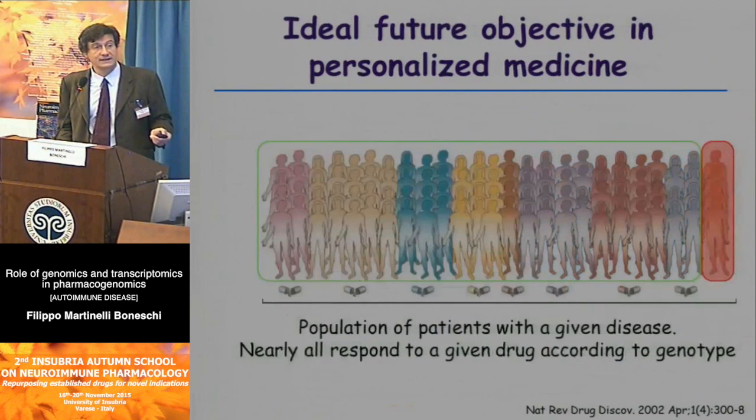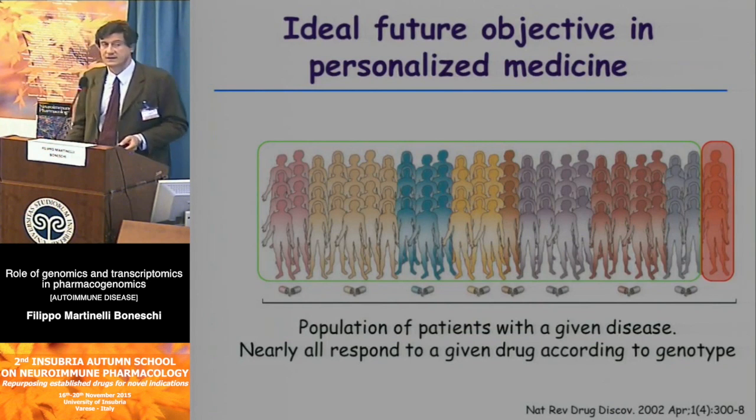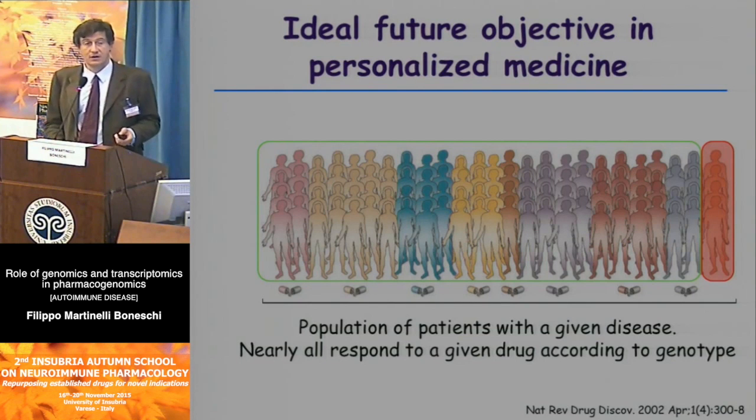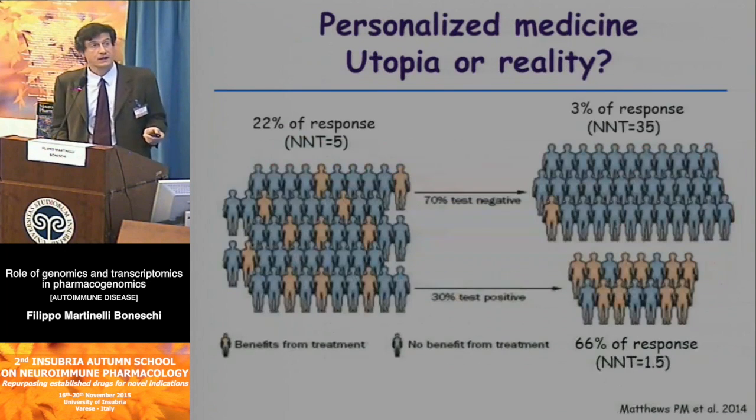And the ideal goal would be to use different drugs in a smart way and to be able to provide the right drug to the right patients, and to narrow down the number of patients who are not responders to treatment.